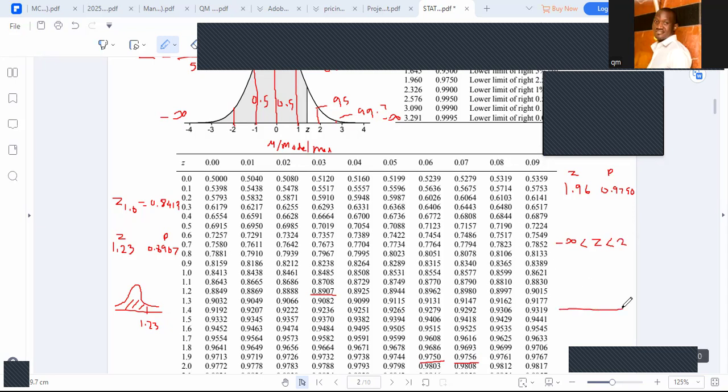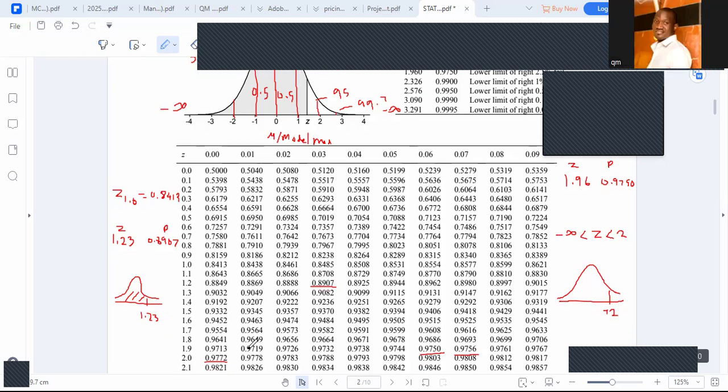Under 2.0, what is this area? 0.9772. So this is the area from negative infinity to positive 2.